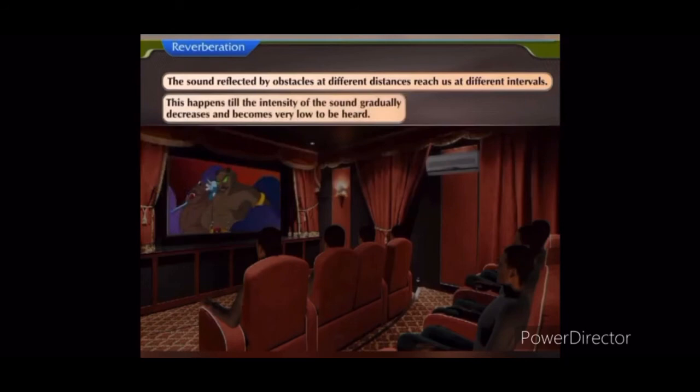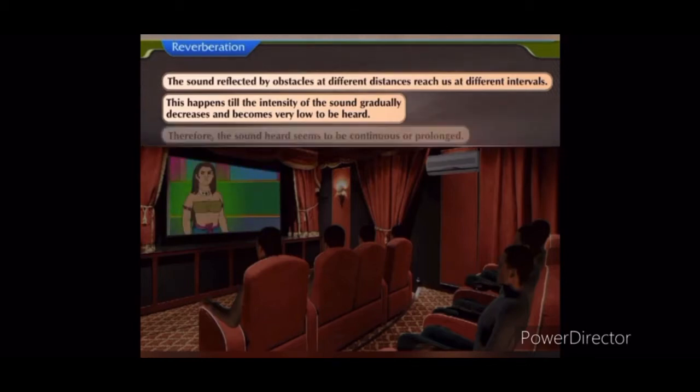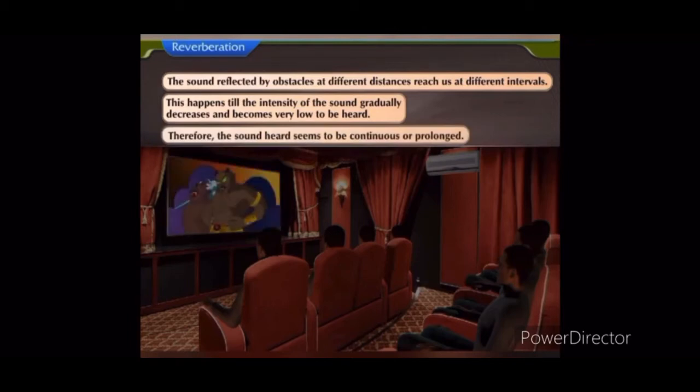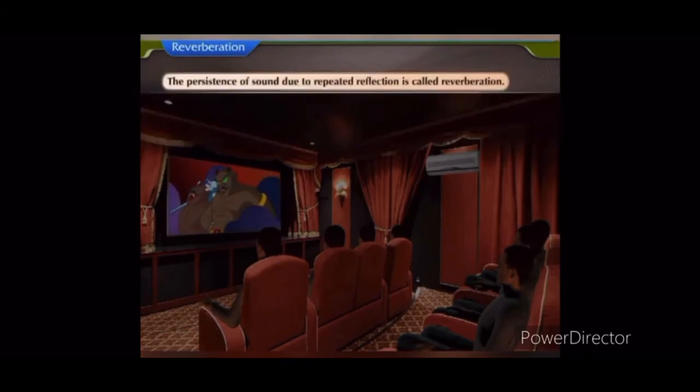This happens till the intensity of the sound gradually decreases and becomes too low to be heard. Therefore, the sound heard seems to be continuous or prolonged. This persistence of sound due to repeated reflection is called reverberation.